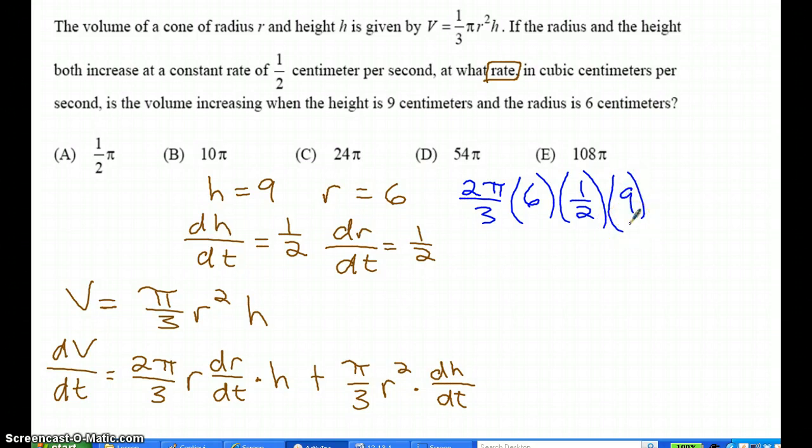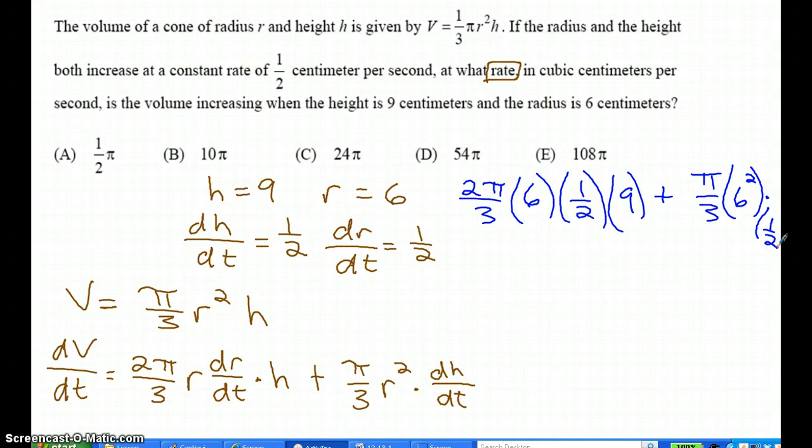So 6, 1/2, and 9, plus pi thirds r squared. So that's 6 squared times, running out of room, 1/2.